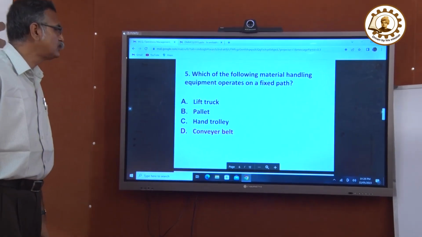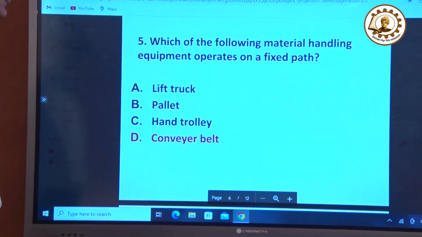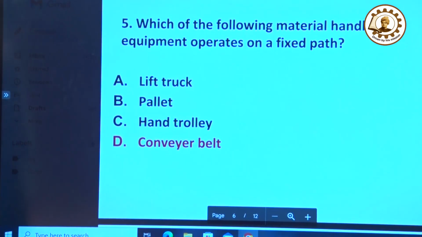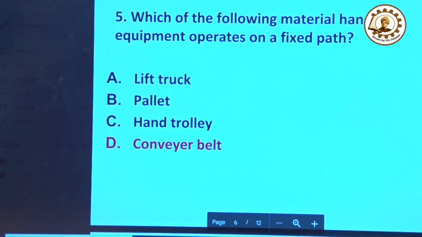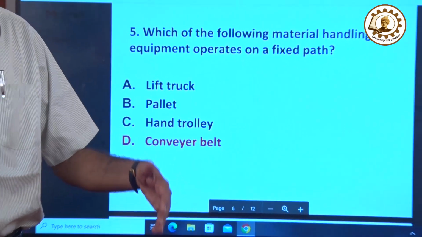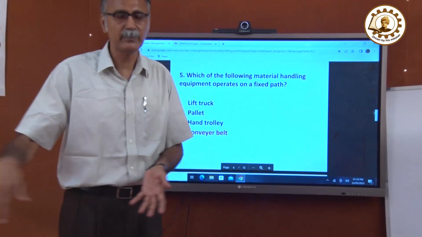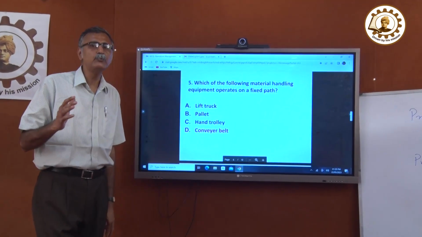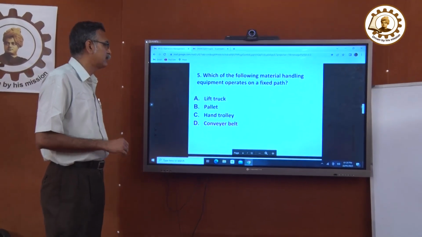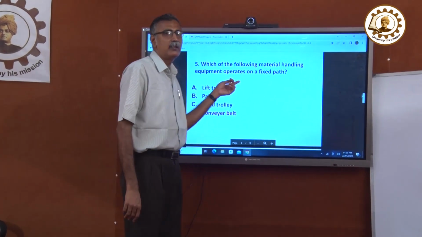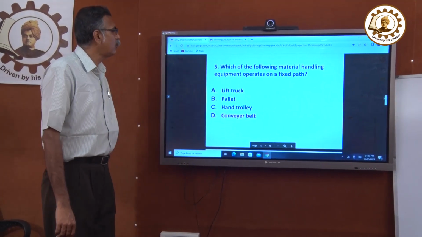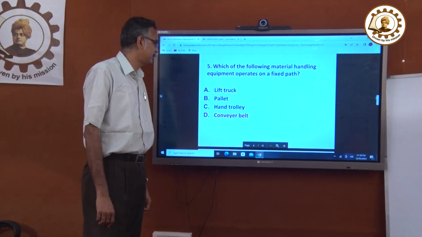Number 5: which of the following material handling equipment operates on a fixed path? In the industry, a fixed path means the movement will be either in a horizontal path or a vertical path. A lift truck can go anywhere, so it cannot be operated in a fixed path.